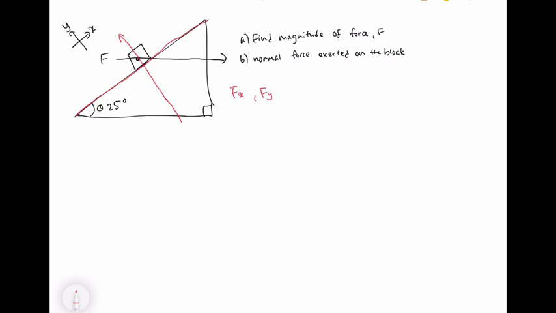To do that, I'll draw a line from my y-axis onto F, and put that as 90 degrees. Seeing this, you might be confused: where do I put my 25 degrees? Is that angle here or is that angle here?